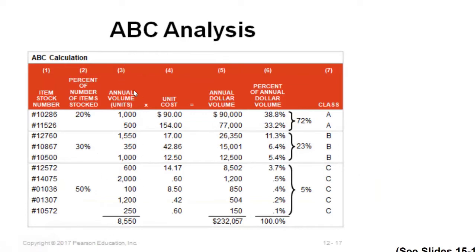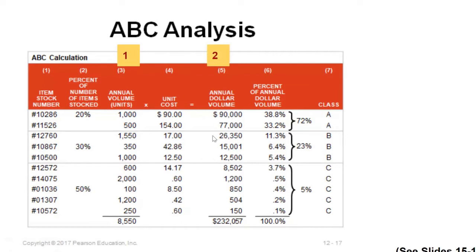Column 3 is the annual volume that you actually used or required or demanded. Column 4 is the unit cost. So you need the information on the volume and unit cost, and also the stock number. When you multiply column 3 and column 4, you will get the annual dollar value.